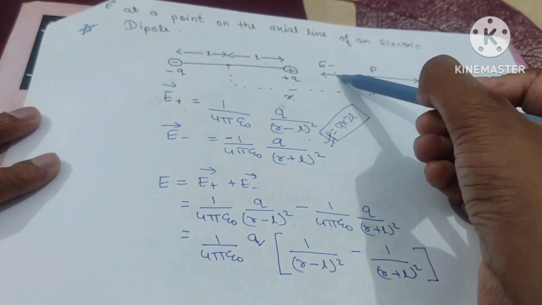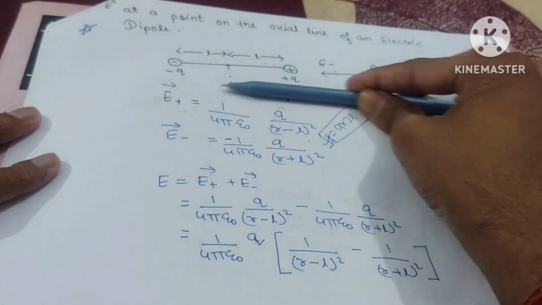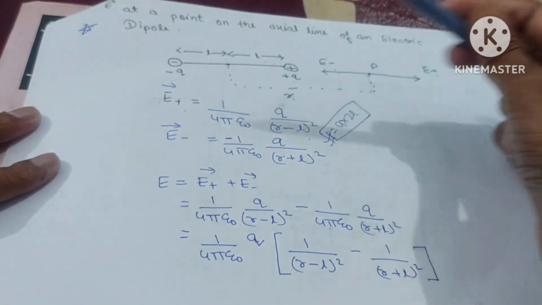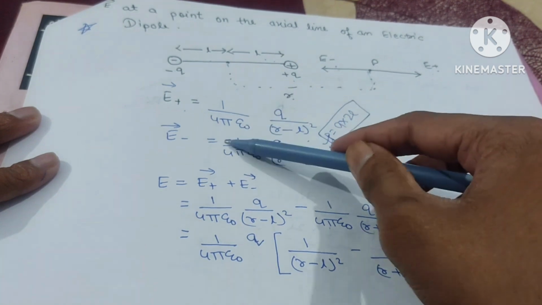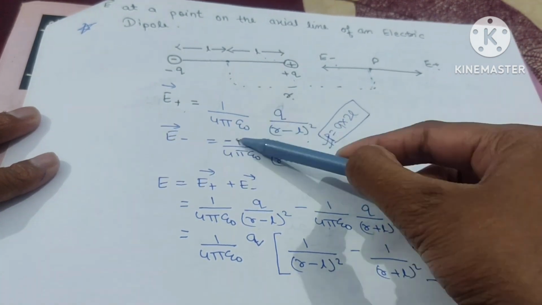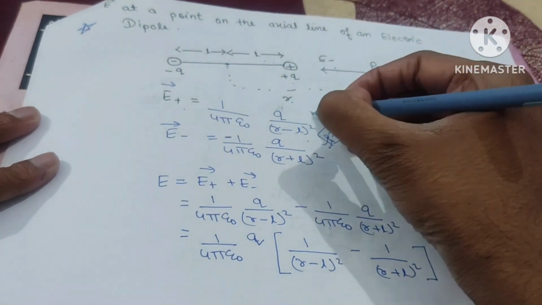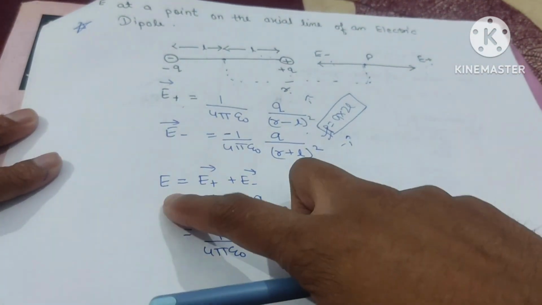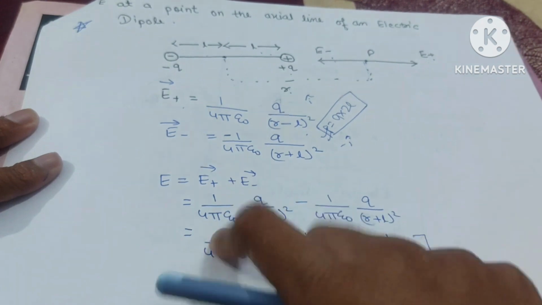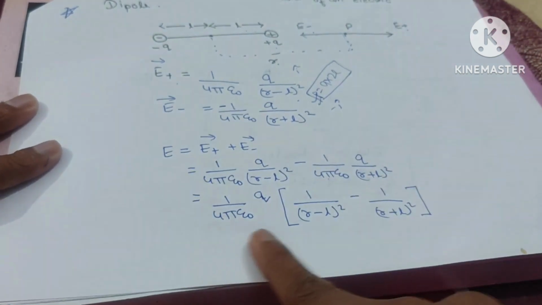But if you are finding the minus one, this r and this l are added, so it is (r plus l) squared, but this is in the negative direction, so we take the minus sign here. E plus is in the positive i cap, and E minus is in the negative i cap. So we add the electric fields here, and we get this equation.